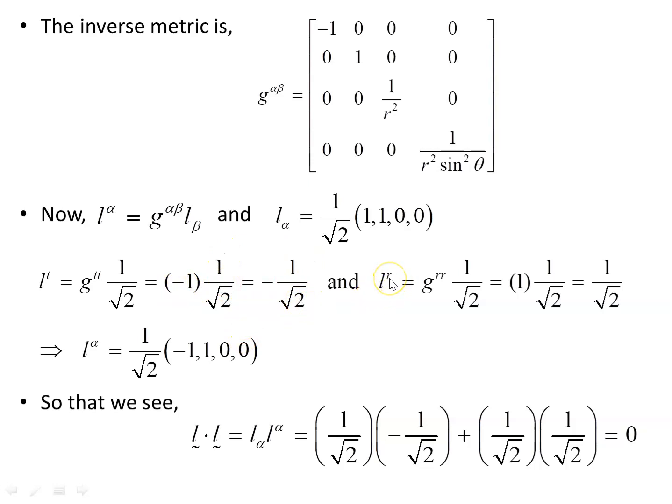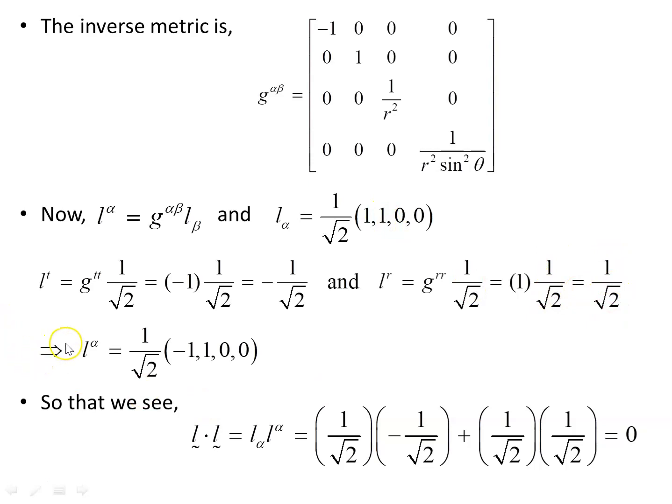L r, the raised index r, is G rr times 1 on root 2, because L lower r is here, 1 on root 2, and we can raise that. So we have 1, G rr is 1, and 1 on root 2 there.